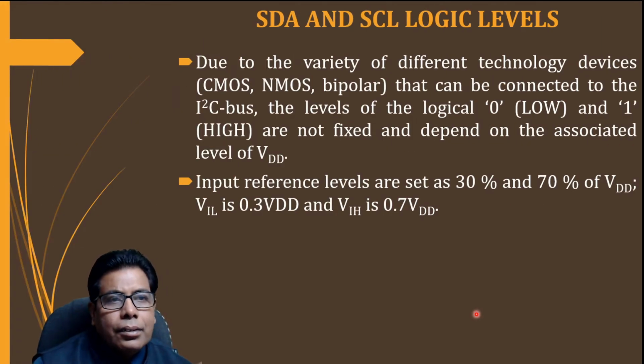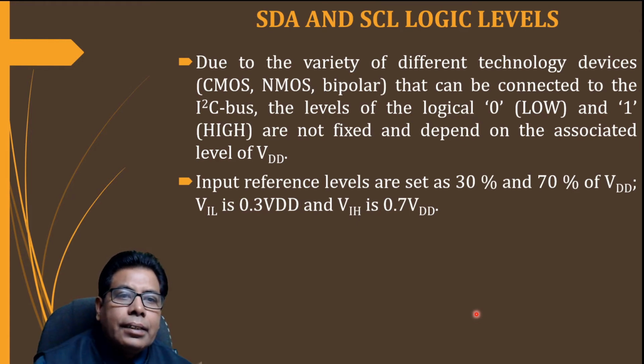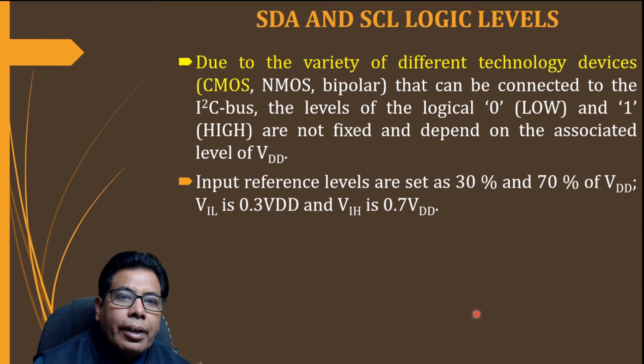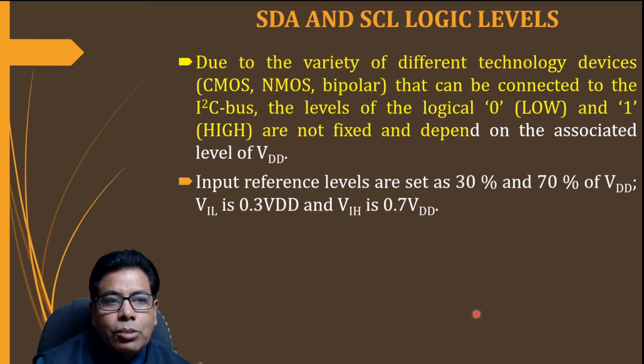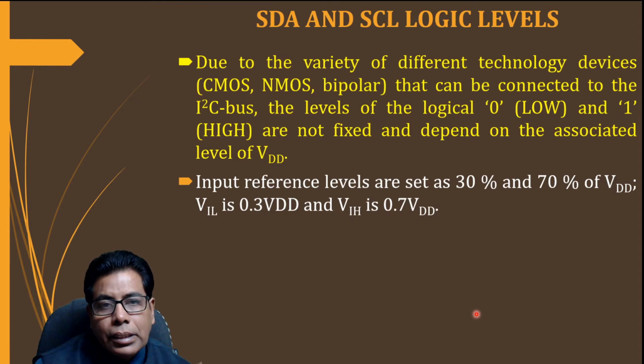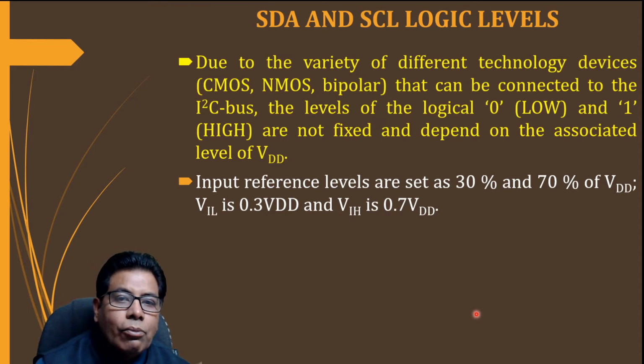That is the advantage of using the I2C. Then SDA and SCL logic levels. See, a variety of different technology devices, CMOS, NMOS or bipolar, can be connected to the I2C bus. So here logical 0, that is low, and logical 1, that is high, are not fixed because the voltage will change with the different technology devices.